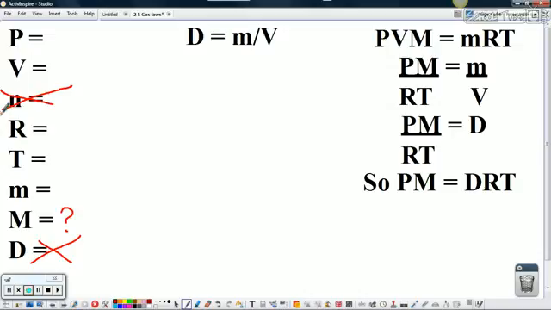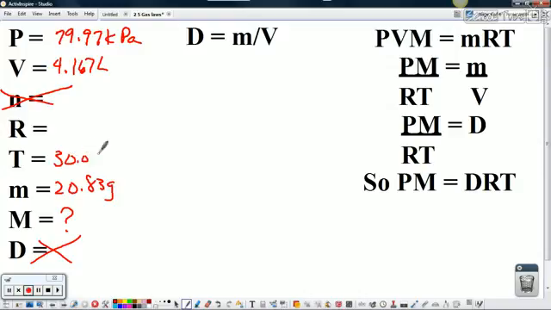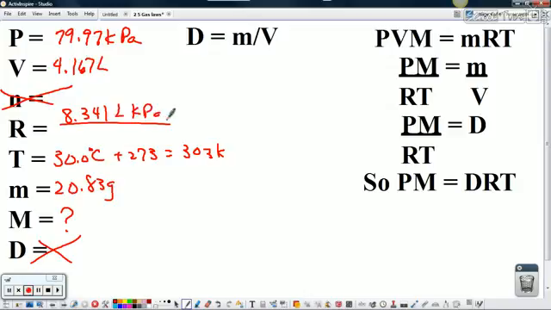I have 20.83 grams, and it has a volume of 4.167 liters and a pressure of 79.97 kPa, and it's at a temperature of 30.0 C plus 273, which is equal to 303 K. And the R that we need is the fourth row on our table, 8.341 liter kPa per mole K.